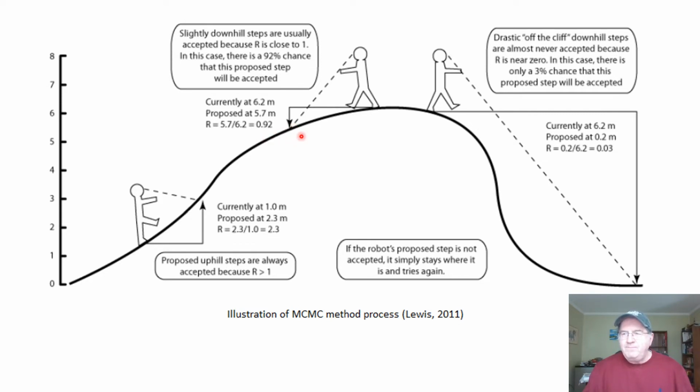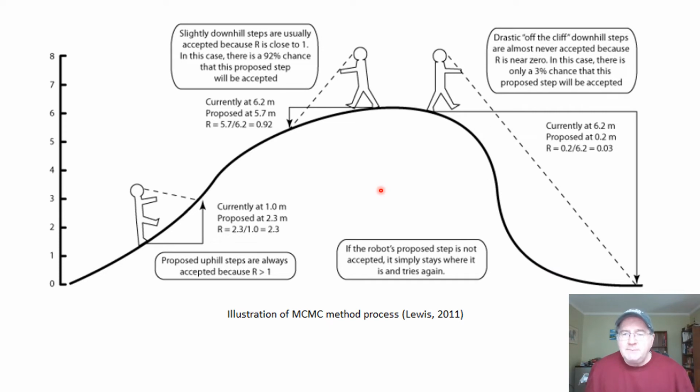One of the rules of thumb is that you take this ratio and calculate it and say, okay, I have a 92% chance of staying where I was, but an 8% chance of moving to this new tree, as compared to this one where we have a big ratio difference. I think that's a 0.3% chance of accepting it.